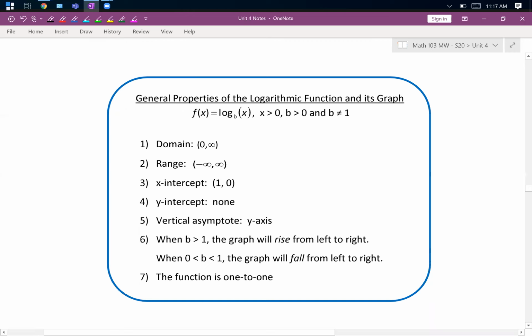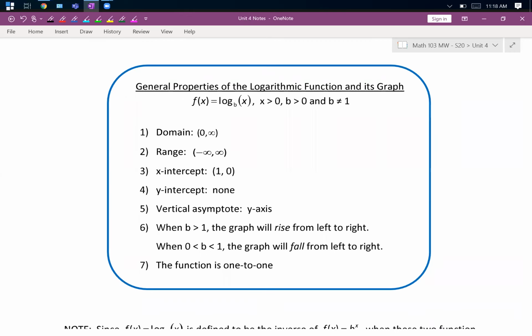Well, we've had our intro to log functions. Now we're actually going to talk about the graph and graph it. So I have general properties for log functions. Just like with the exponential functions, these properties are true for parent functions only.